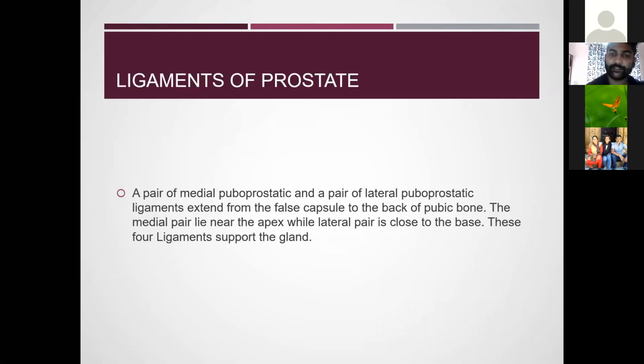And the ligaments of the prostate. There are a pair of medial puboprostatic and a pair of lateral puboprostatic ligaments that extend from the false capsule to the back of the pubic bone.